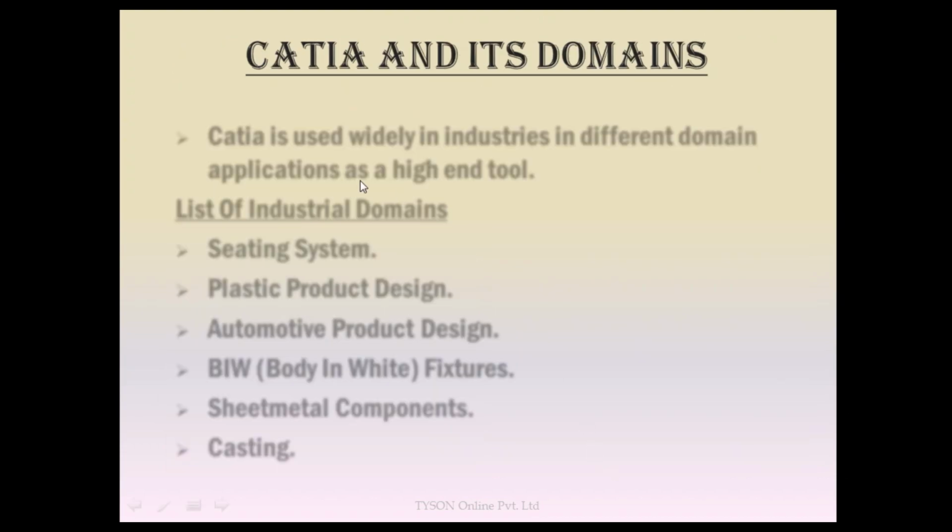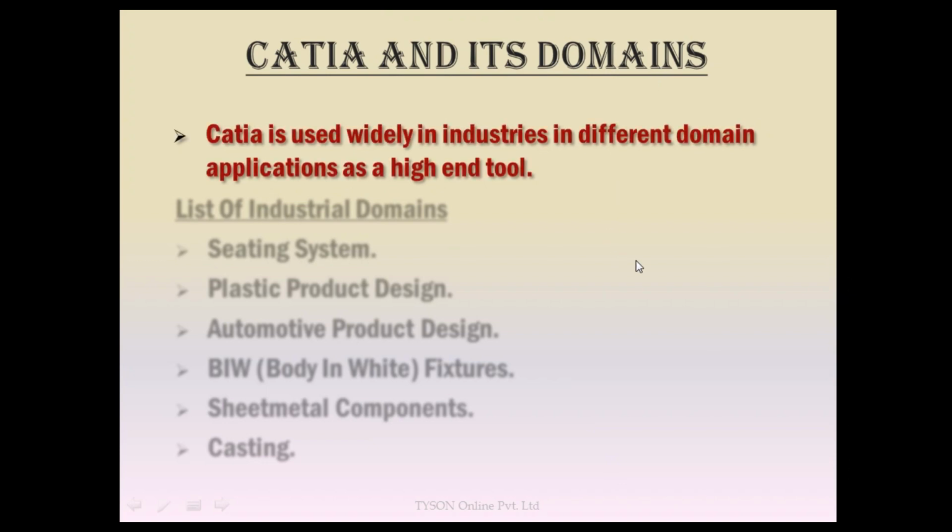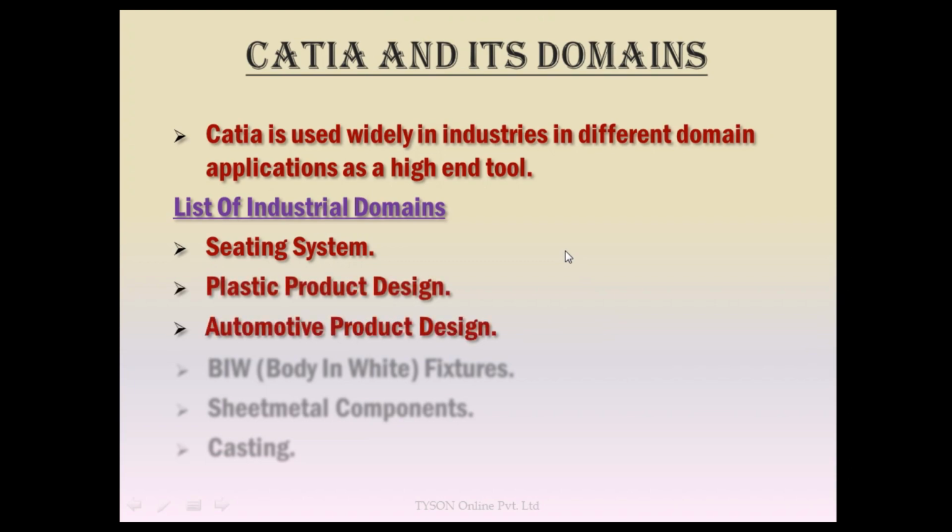So now this is the main important point, CATIA and its domains. CATIA is widely used in industries in different domain applications as a high-end tool. So we can see the list of these domains now: seating system, plastic product design, automotive product design, BIW, body in white fixtures, sheet metal components, and castings. What certain industries do is work particularly on a certain domain.